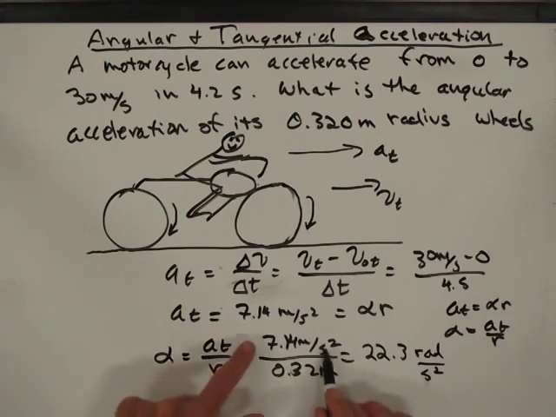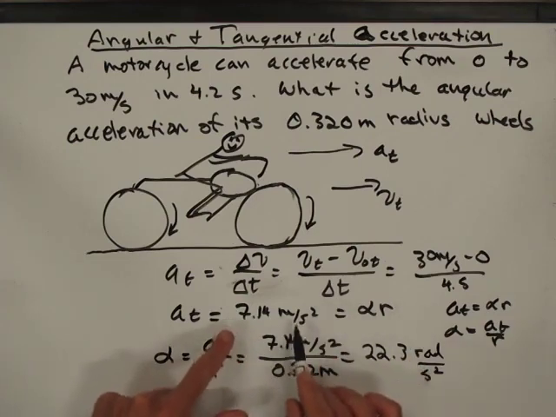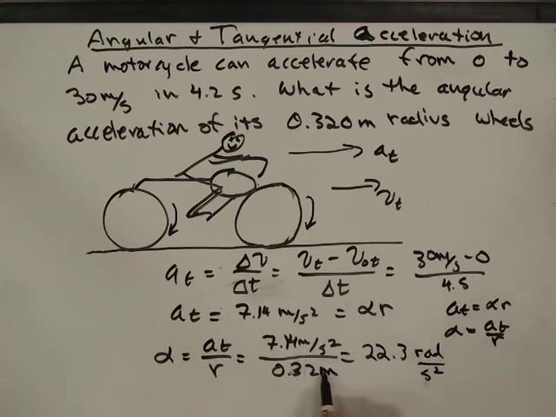This is the radius of the wheel. That's the acceleration of the vehicle that we calculated up here. I cancel the meters. I get 1 over second squared. But I know this comes out in radians, and since radians are not a unit, right? Radians is arc length over radius, which is meters over meters, which is not a unit. I'm free to stick it in wherever I need it. And so there's my radians per second squared, and when I divide those two, I get 22.3.